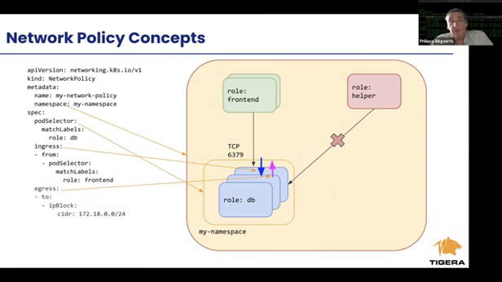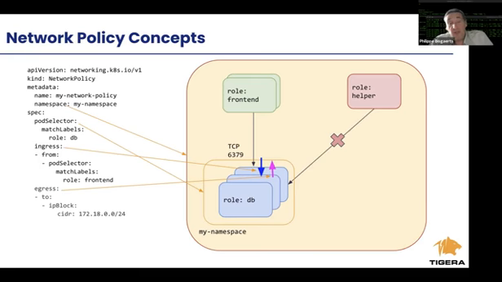So there's always an ingress part, there's always an egress part. Although a network policy resource can omit egress or ingress. If you do not specify an ingress block, for example, no rules will be applied. If you don't specify an egress block, no rules are applied.